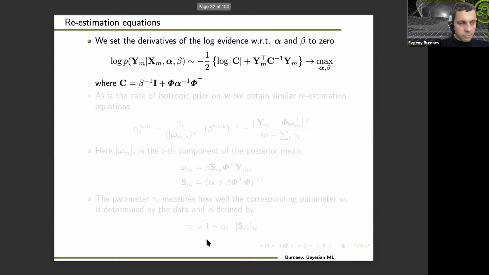Okay, and so what we need is to maximize this function with respect to parameters alpha and beta. And how to do this?